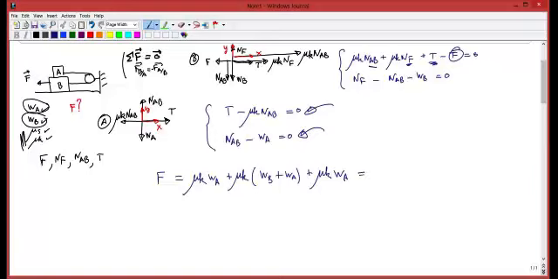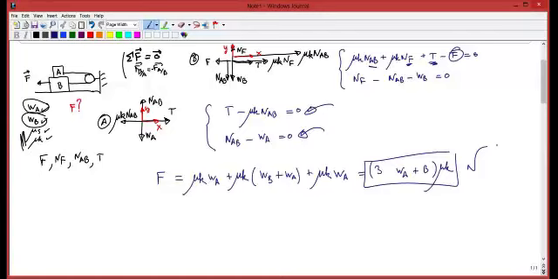So you can simplify quite a bit. mu K WA, mu K WA, mu K WA, so that's 3 of them. And then mu K WB, only 1. So I can factor out the mu K. And that would be the magnitude of F. Gotta be positive, because the direction was given to us, so the direction was known. Okay?